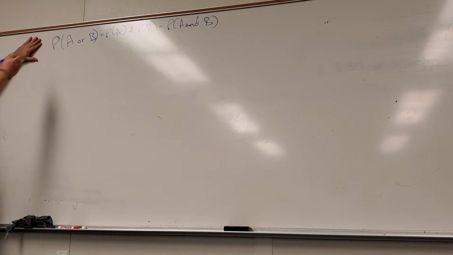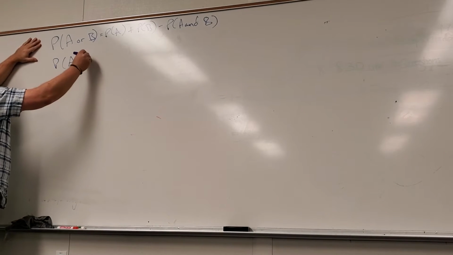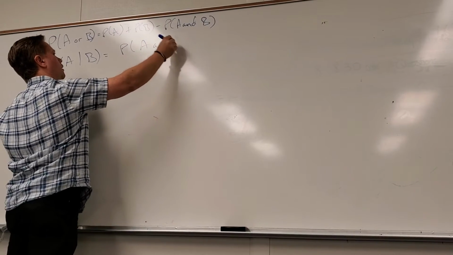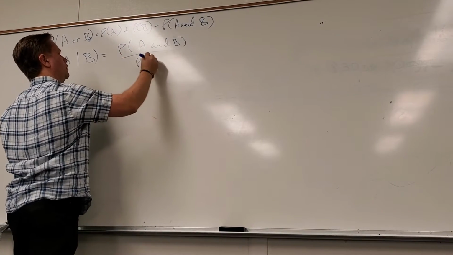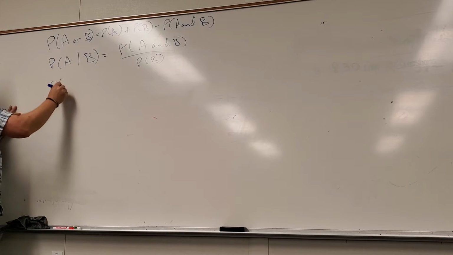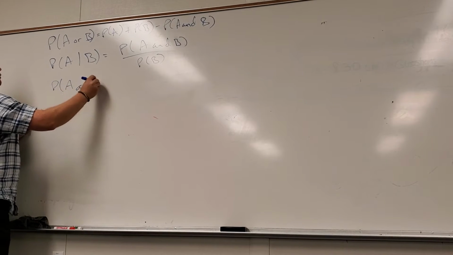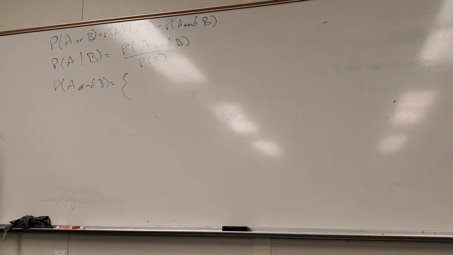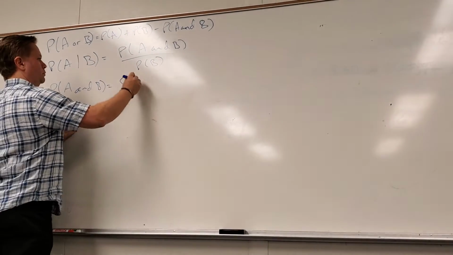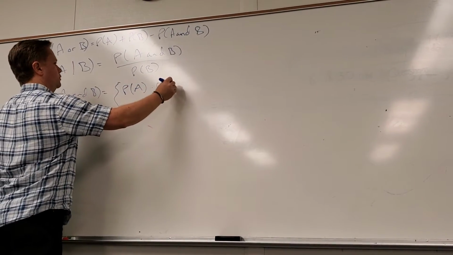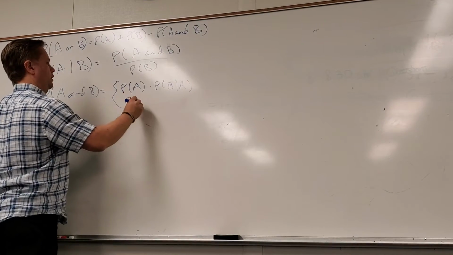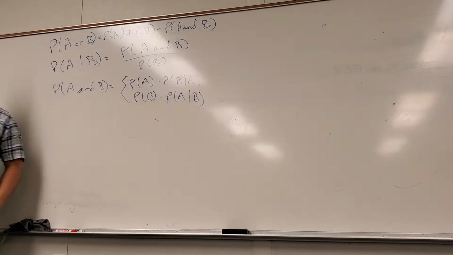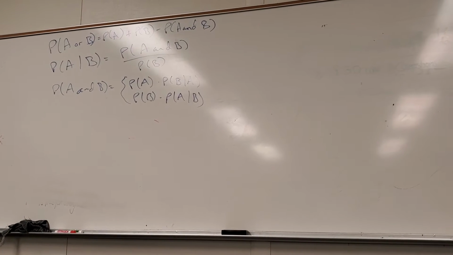Probability of A or B. We got probability of A given B. And the probability of A and B is the weird one that's got two options: probability of one times probability of the other one given that guy, or probability of the other one times the probability of the one given the other guy.